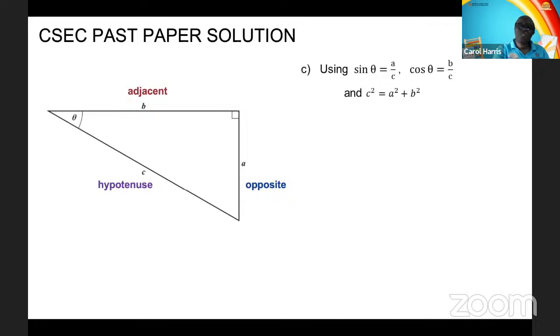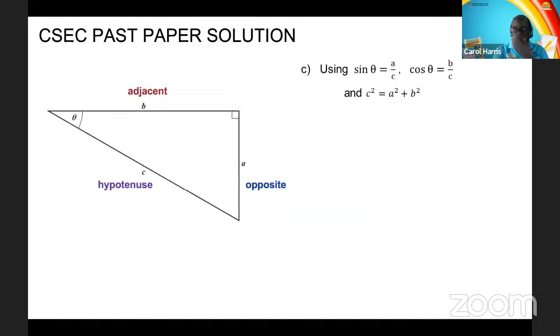So they're asking us to use 1A and 1B. 1A was that C squared is equal to A squared plus B squared. And 1B was saying that sine theta is A divided by C and cos theta equals B divided by C. All right, so we have the square of cos theta is B squared over C squared.